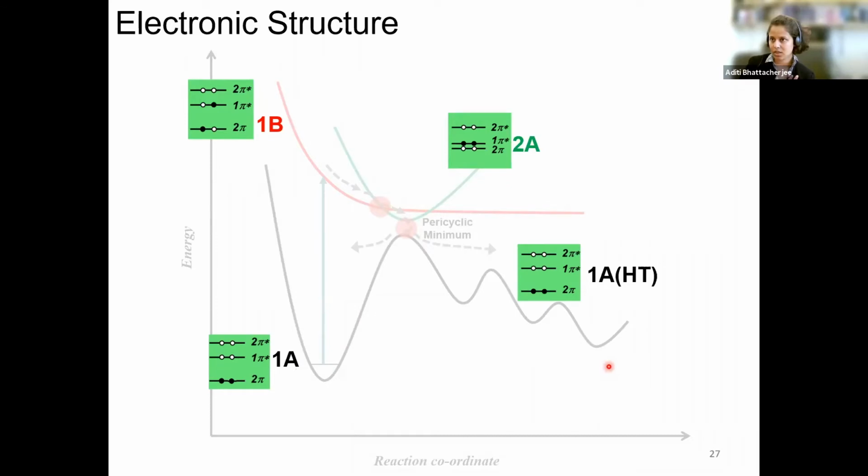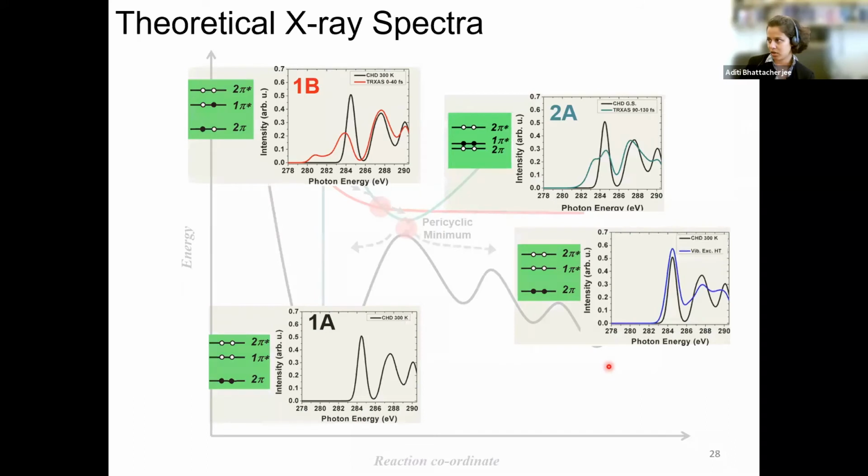So how does this information get imprinted on X-ray absorption spectra? What I'm showing here are calculations of the X-ray absorption spectra averaged over 116 trajectories for this reaction. In black is the ground state absorption spectrum.